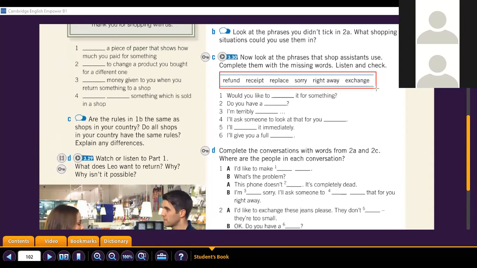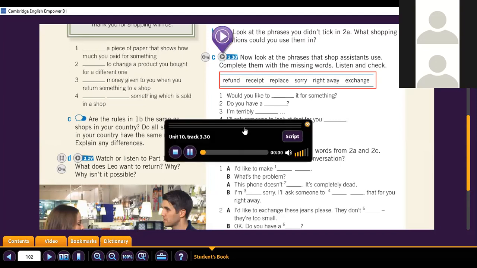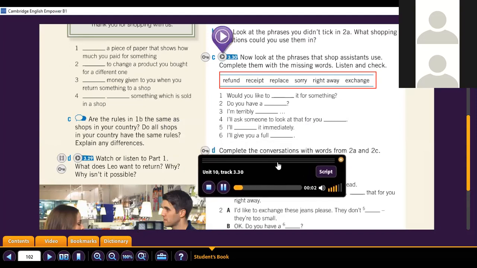So you're going to listen to all these phrases and try to help me completing these blank spaces with a word on this red chart, okay? So let's listen to the phrases and please help me with the answer. Track 3.30. 1.